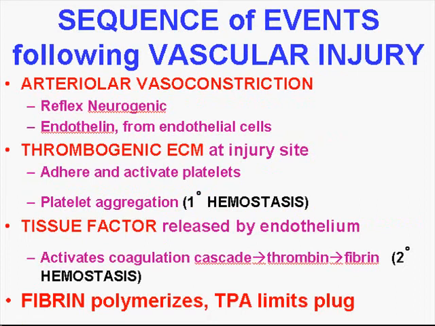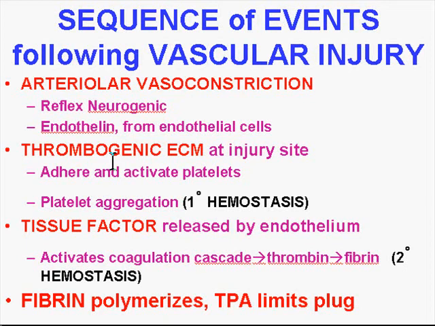So let's talk about the sequence of events following vascular injury, at least the beginning. The very first thing that happens is a reflex neurogenic vasoconstriction. It has nothing to do with chemicals. It's strictly neurogenic. The endothelial cells, however, then release a compound called endothelin, which is a very powerful vasoconstrictor. Why? Because it wants to close off that vessel that's leaking.